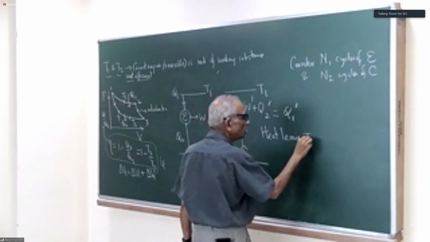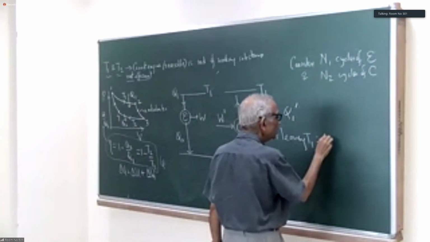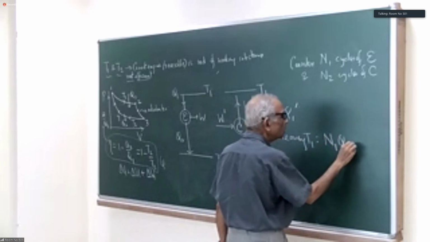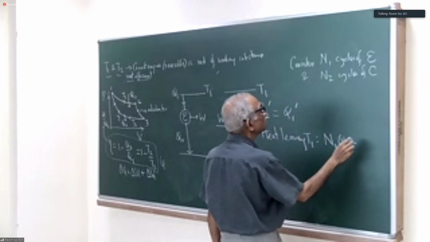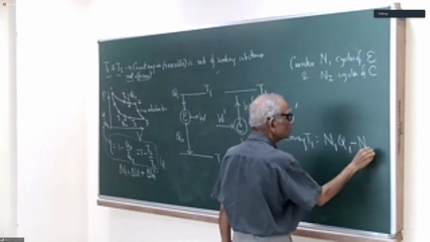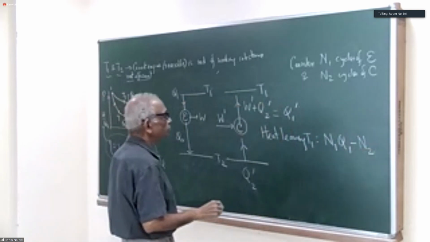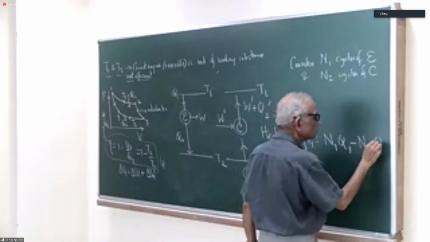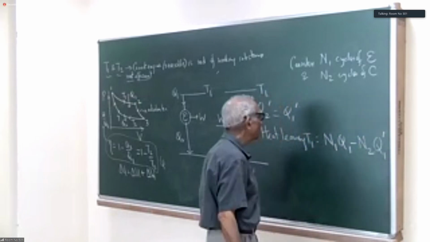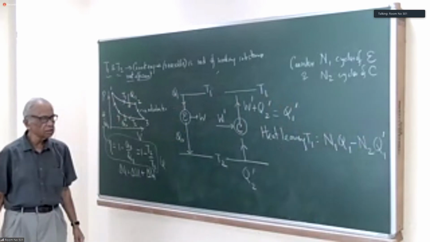leaves T1? Heat leaving T1 is N1 Q1 minus N2 Q1 prime, where Q1 prime is the amount of heat being deposited to T1.